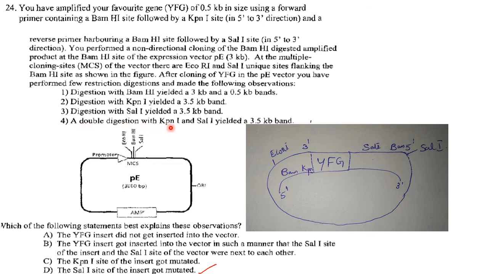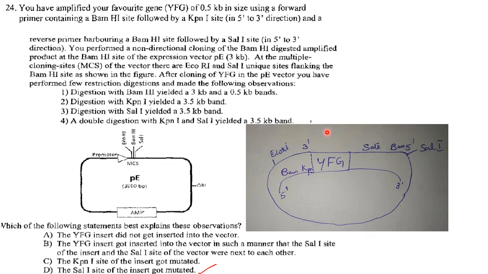A double digestion with KPN1 and SAL1 yielded a 3.5 kb band. So if you digest with KPN1 and SAL1, then you should have got a 0.5 kb and a 3 kb band, because KPN1 is over here, then SAL1 is here and another SAL1 is here.